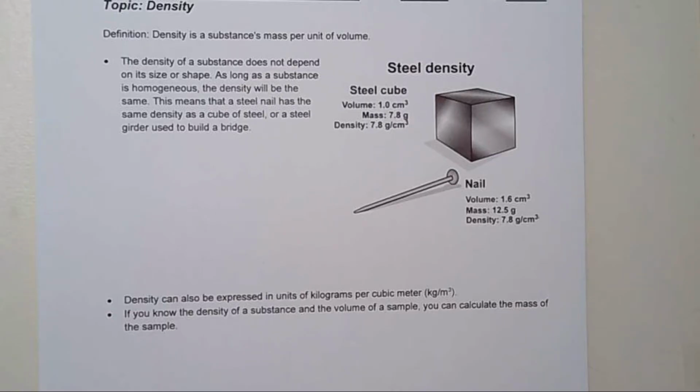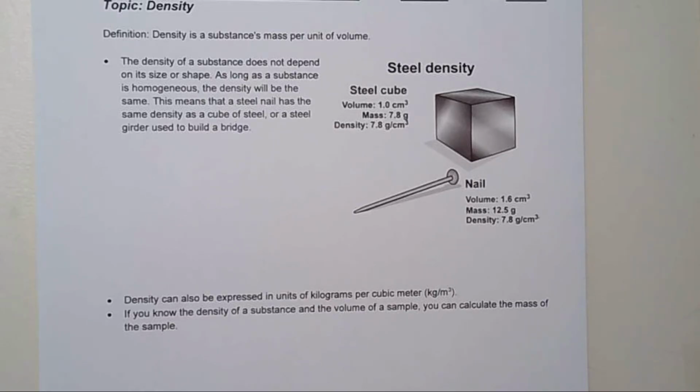As seen in this illustration, the density of a steel cube is the same as the density of a nail that is made out of the same material, steel, where the volume is 1 cubic centimeter.